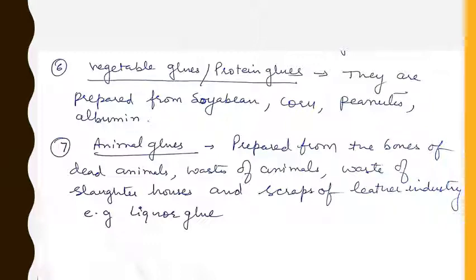So the waste or scraps of the leather industry also give us glue. That is called animal glue. An example of animal glue is liquid glue.